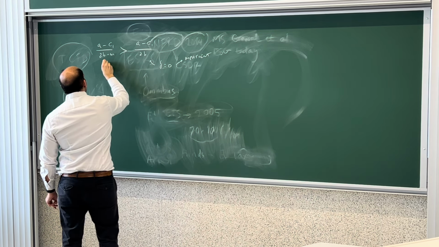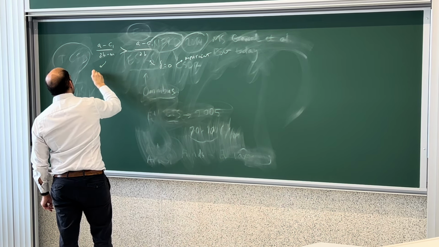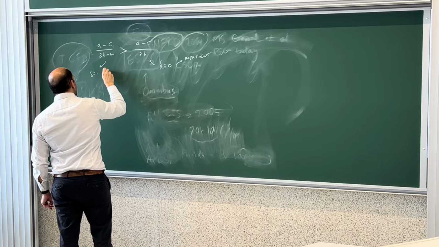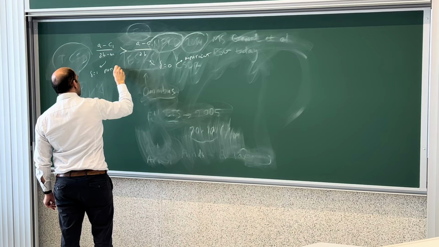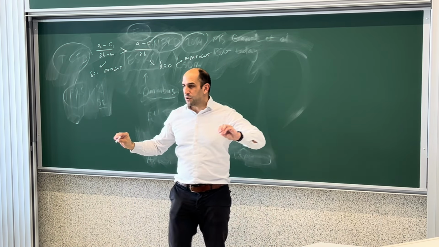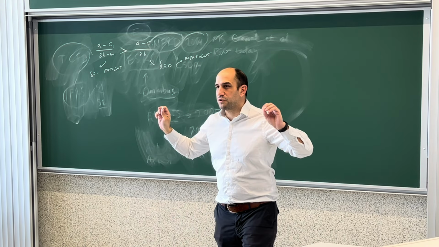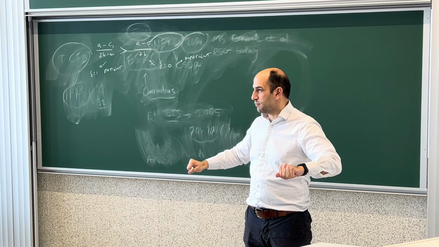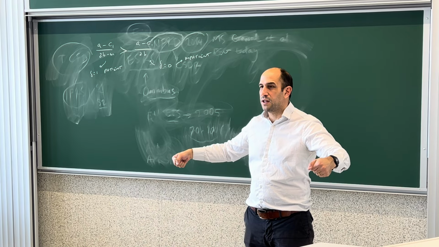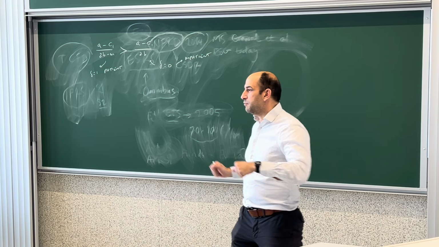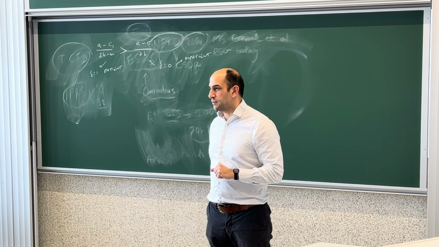And this is the patient case. A firm that's more patient is going to say, okay, we're going to produce a lot to learn and to improve our technology in order to become good in the future.